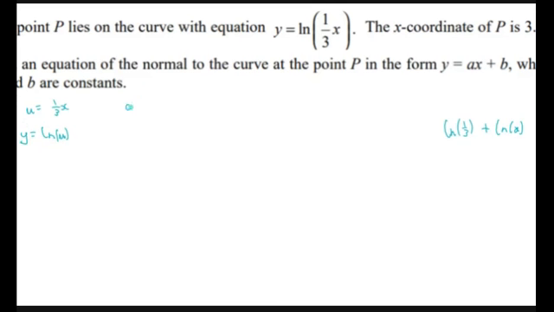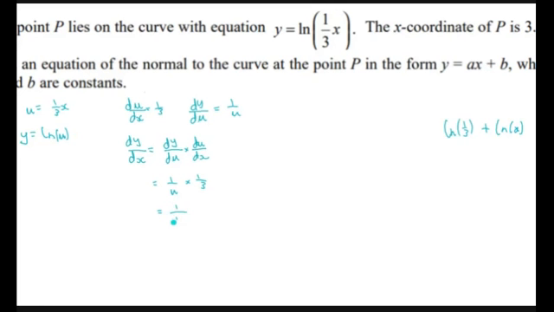Then we have du dx is equal to a third, and dy by du is equal to 1 over u. dy dx is equal to dy du times du dx. dy du was 1 over u, du dx was a third, u was equal to a third x.